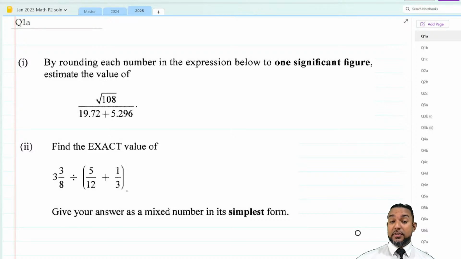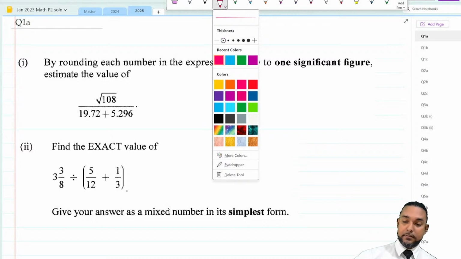Okay, so you have to round this off first. So the 108 will become 100. 19.7 will become 20. It says to round each of the numbers to one SF first and then do the calculation. This one, they catch a lot of people with this one.